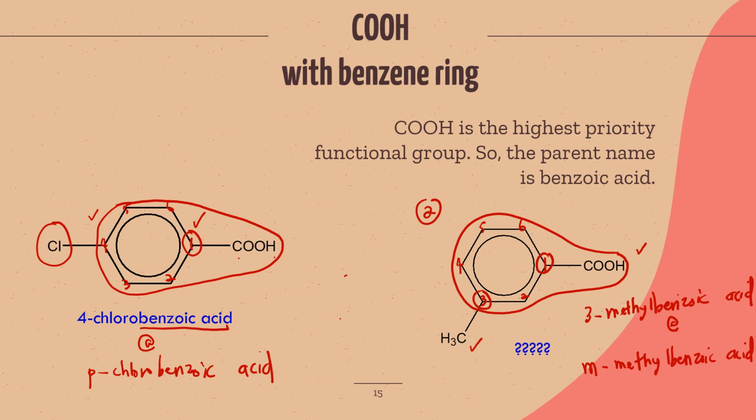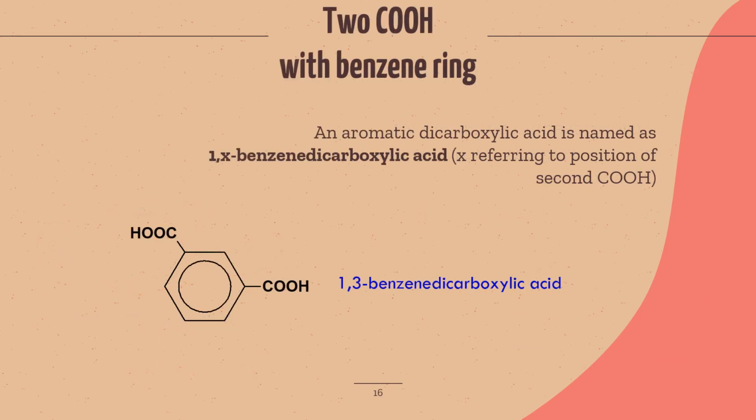Now, how if we have 2 carboxyl on the same benzene ring. So by having this, maka penamaan of this molecule will become 1,X-benzene dicarboxylic acid. So what does it mean by 1,X? So dalam struktur di sini kita ada dua carboxyl group pada these two different positions.